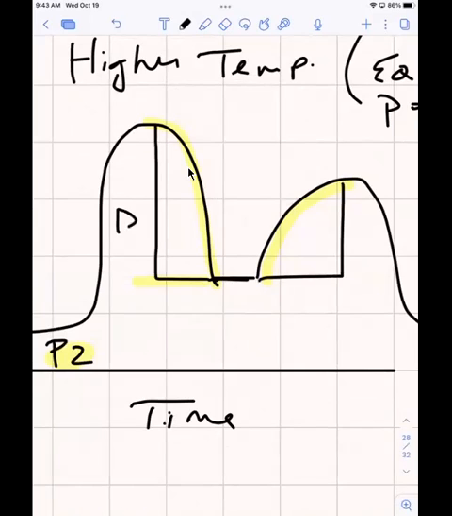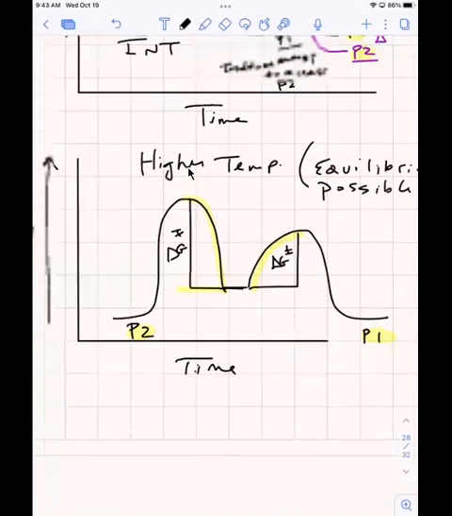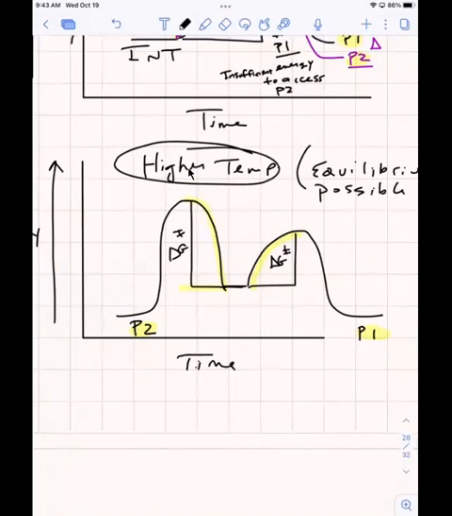So this is still delta G. And over here, same thing, right? But at higher temperatures now, you have more energy available, right? So you can get over the activation barrier to get to P2. So here you set up an equilibrium.